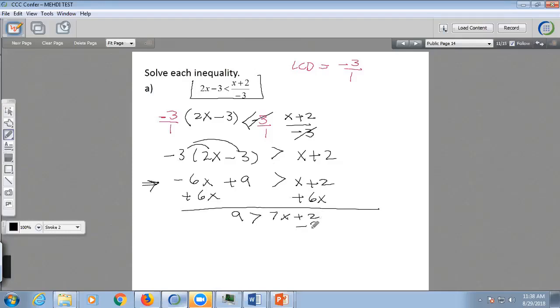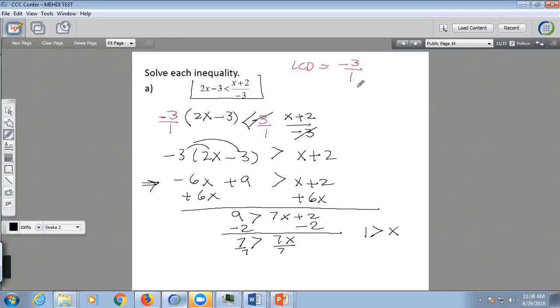If I subtract 2 from both sides of the inequality, I get 7 greater than 7x. I divide both sides by 7. So I get 1 here. So that means x is less than 1.